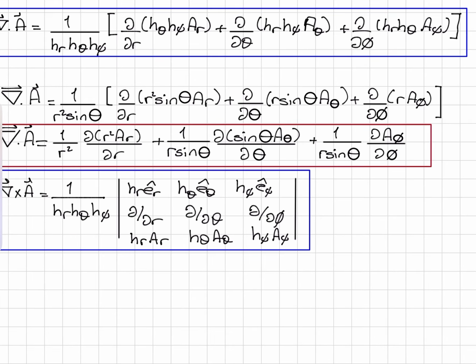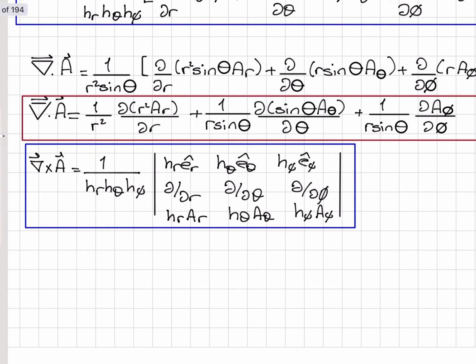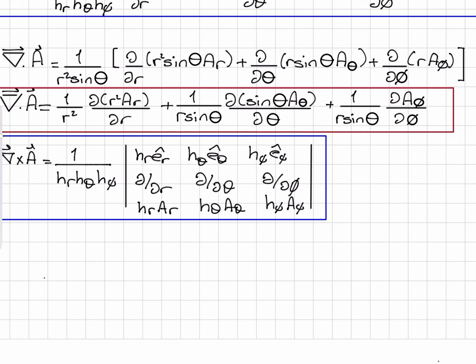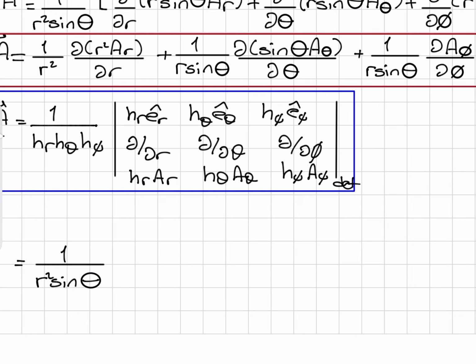Now, as for the curl, once again, we have to take this determinant. So I'm again substituting the product of the scale factors, 1 over r squared sin theta. Then I have to take this determinant. Let's see, H_r e_r hat is just e_r hat. Then I have ∂/∂r, H_r A_r is A_r.